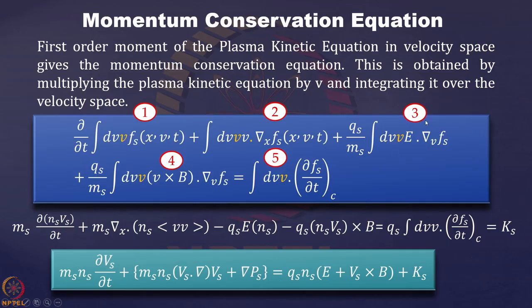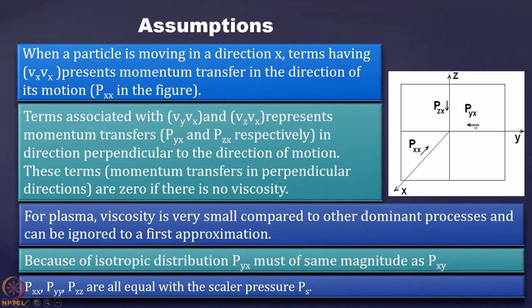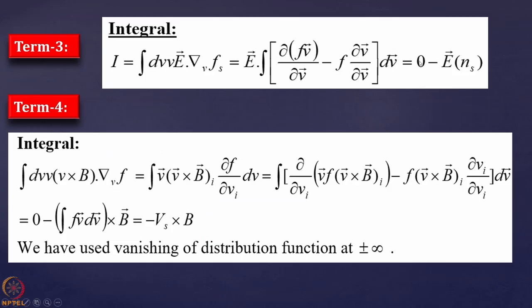So now we will be handling this dBVE grad Vs. So we come back to that. This is the third term. We can take E out and write this as derivative of these two terms. If you complete the derivatives, we will finally end up with this one. Now you see that when we are taking this integration, this FV is coming out, and you know that f at both the limits plus minus infinity becomes 0.